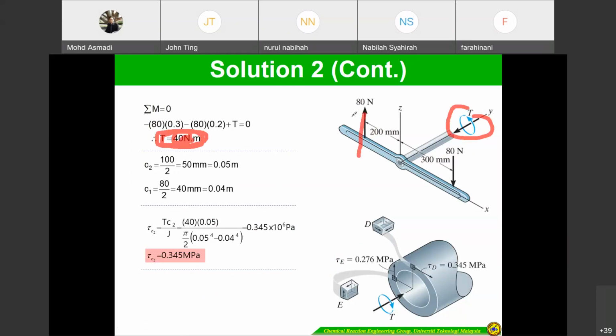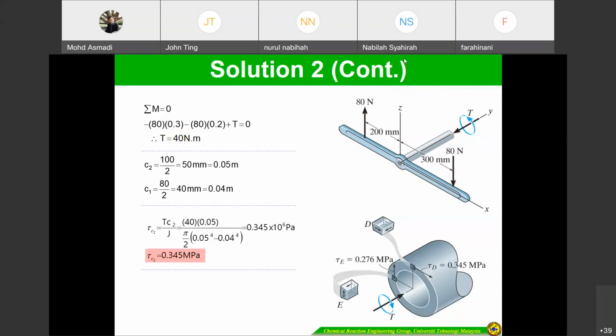If this one is clockwise, so negative. So negative 80 times 0.3 minus 80 times 0.2 gives negative 40. Then you bring it to the right side, so positive 40.